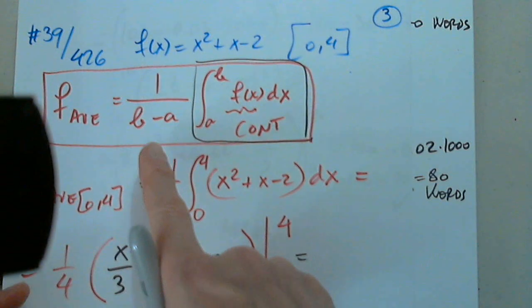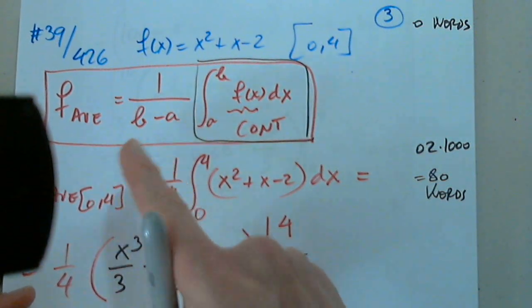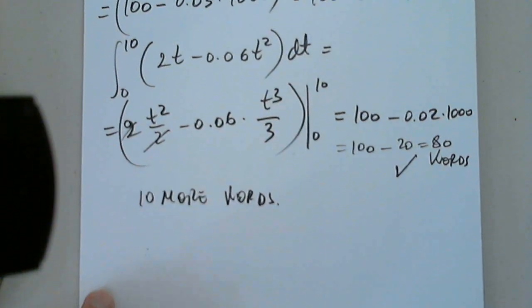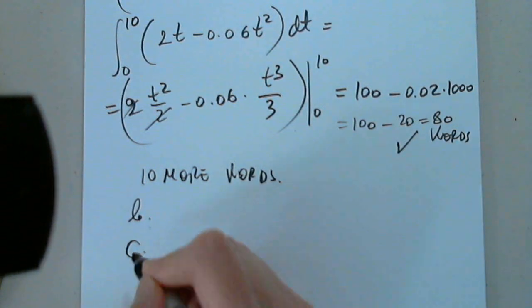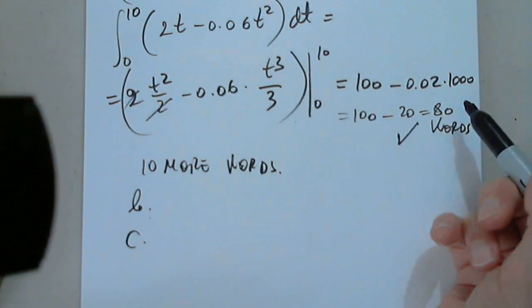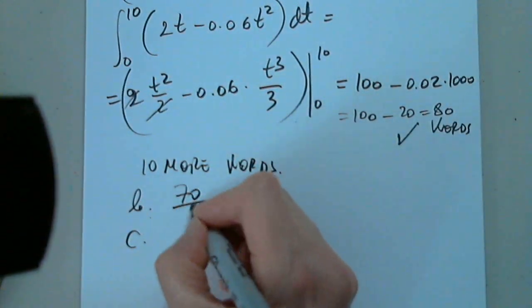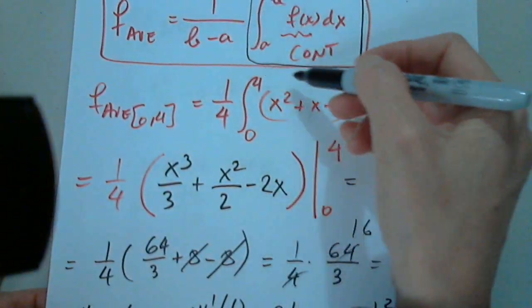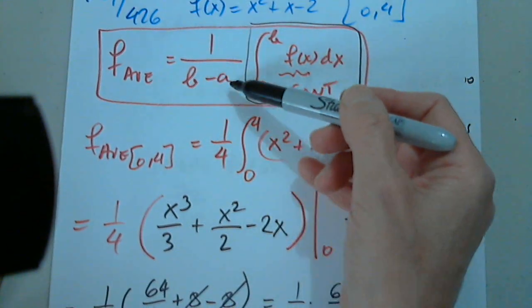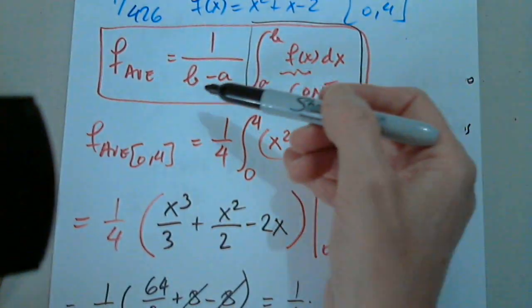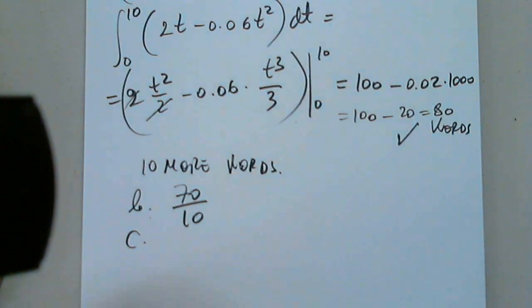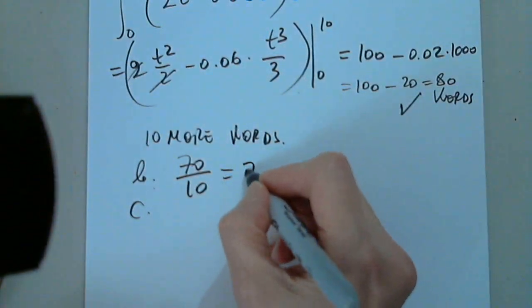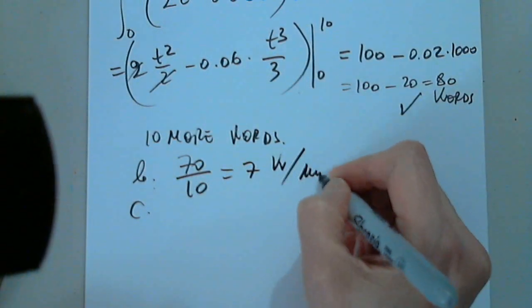They're asking us only to do what in parts B and C? It's going to be 1 over 10. Exactly. So we have 70 divided by 10. That's all we need. So this is 70, and this is 1 over 10 minus 0. So 70 divided by 10 is 7 words per minute.